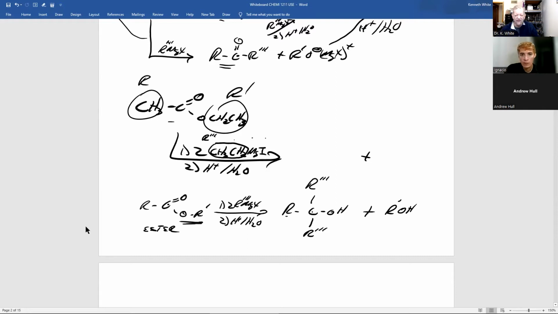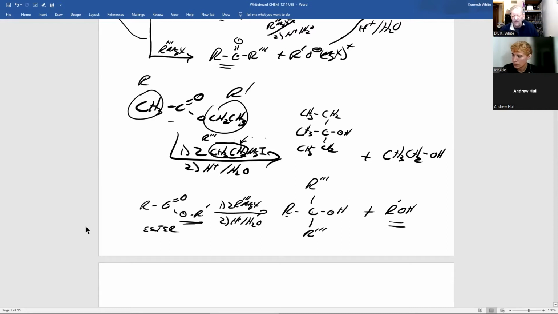And based on that, R is CH3, this carbon with the hydroxyl group, then my 2 R triple prime are ethyl, and my second alcohol, R prime, is also ethyl. So I get ethyl alcohol or ethanol.